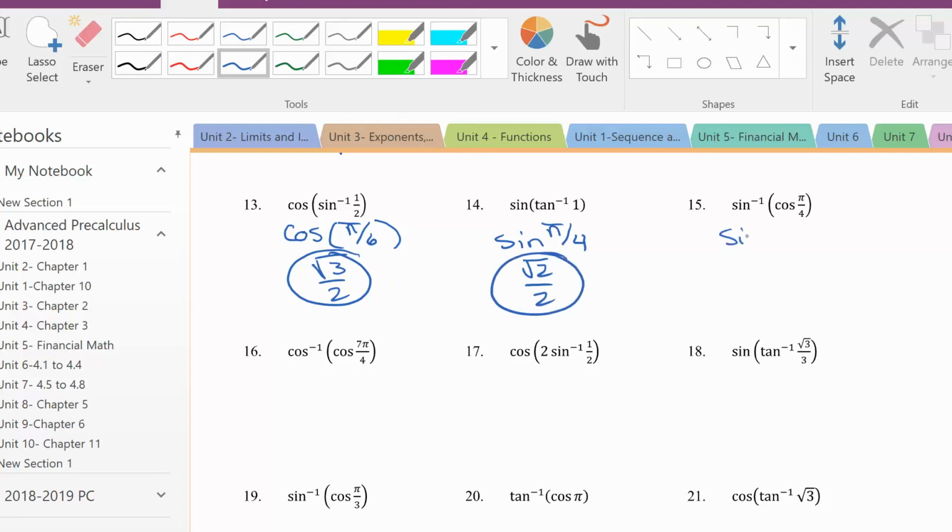Sine inverse of cosine pi over 4, well, cosine pi over 4 is rad 2 over 2. The sine inverse of rad 2 over 2 is, sorry, positive pi over 4, because it's a positive angle. Cosine inverse cosine 7 pi over 4, well, the cosine of 7 pi over 4 is rad 2 over 2, and the cosine inverse of rad 2 over 2 is a pi over 4 angle.